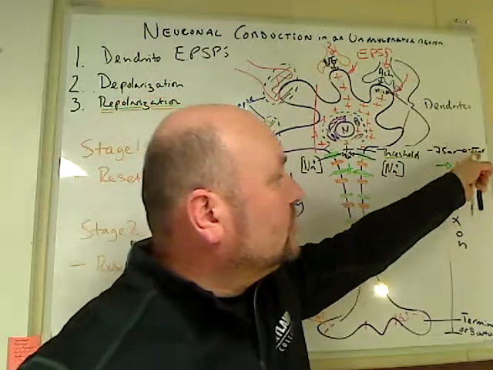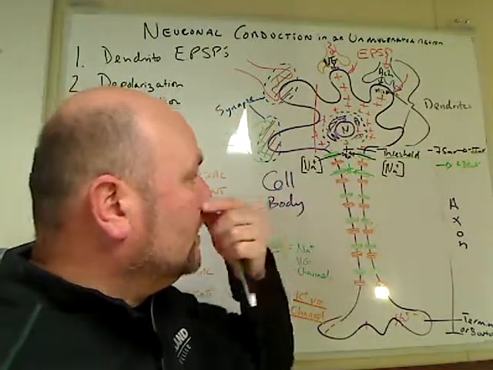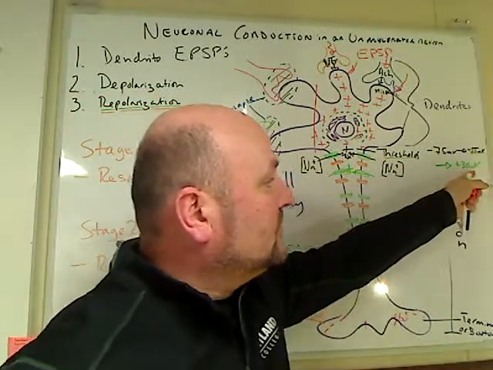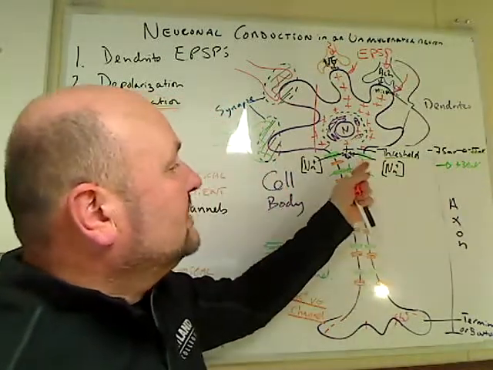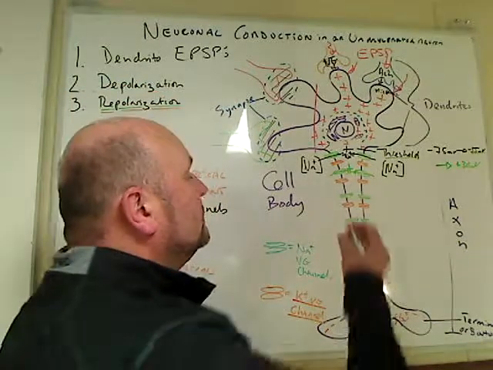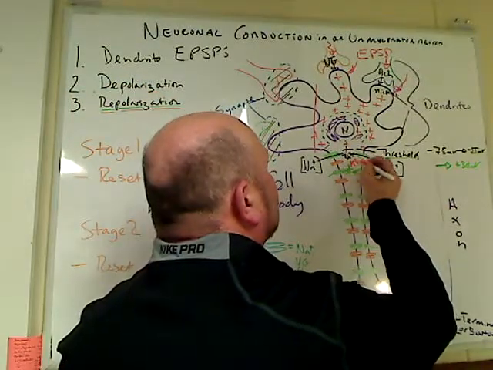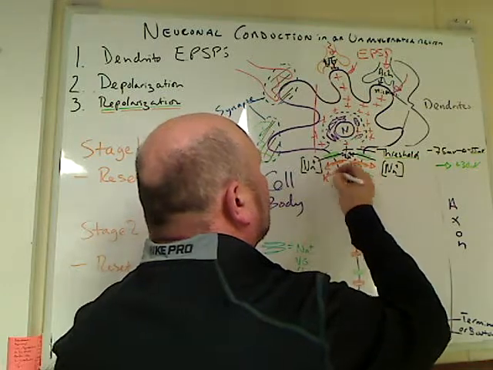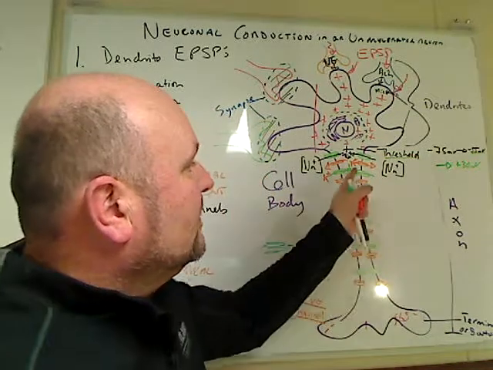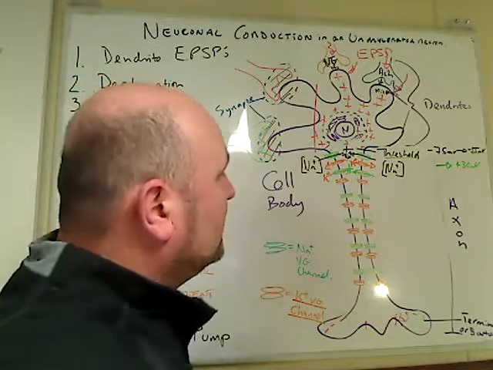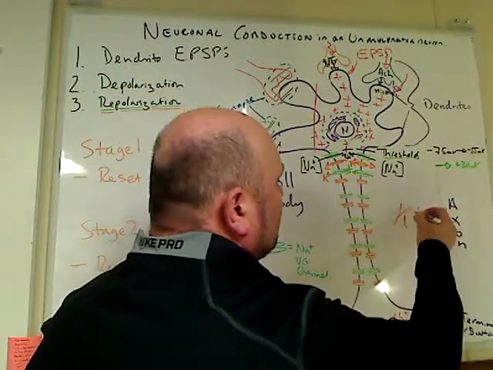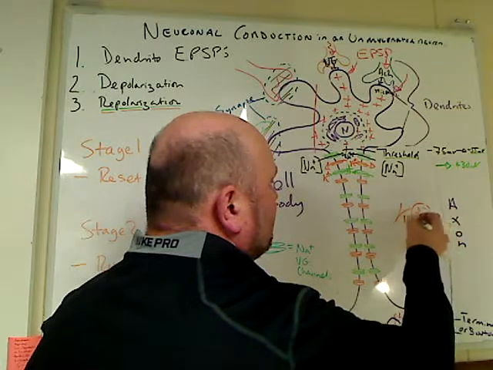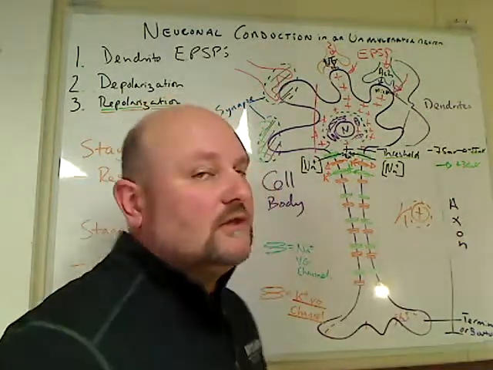So the sodium gates open first and positive charge rushes in. But by the time it's hit plus 30 millivolts, potassium channels have now opened and potassium has left. Now why is that important? Well, potassium has a positive charge.